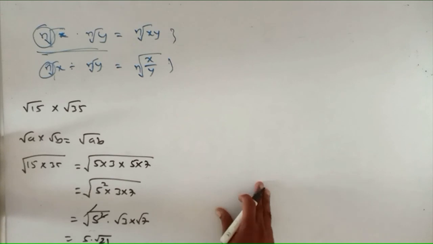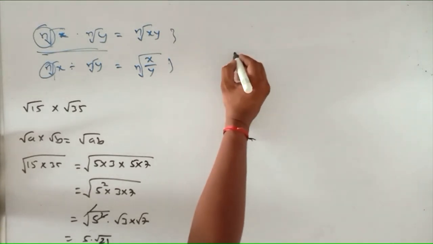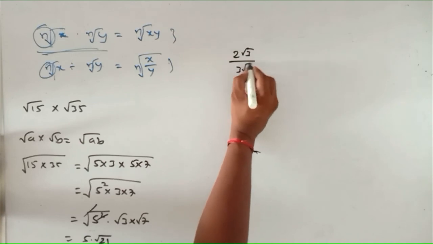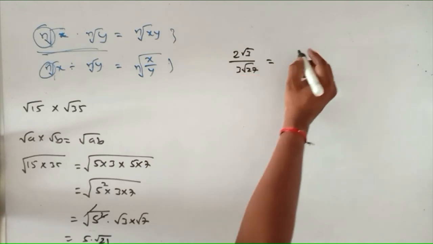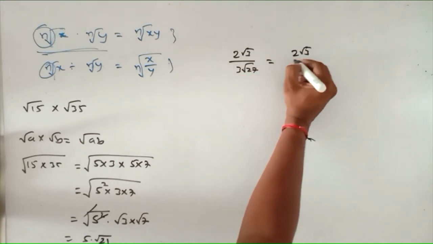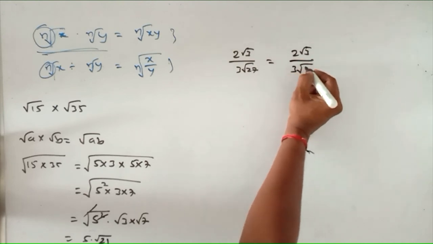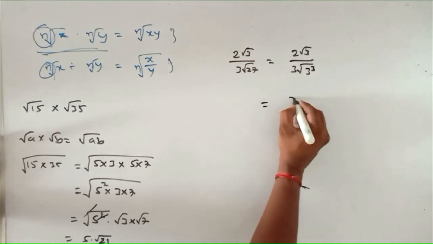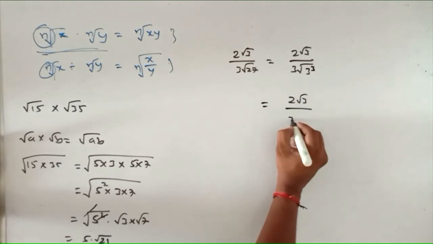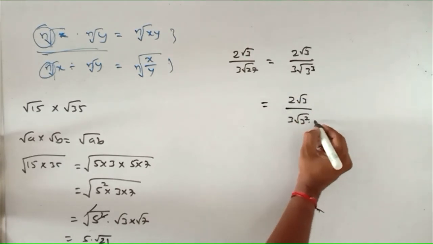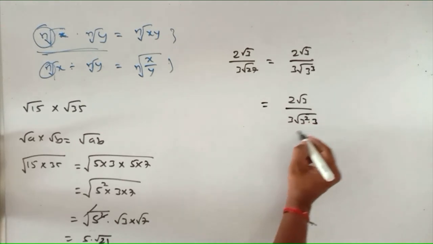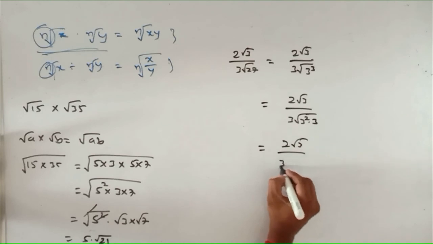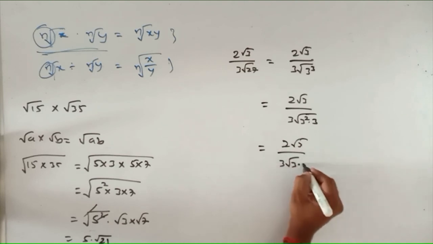So in the same way I am going to divide. The next example I am taking is simplify 2 into root 3 by 3 into root 27. That's equal to 2 into root 3 by 3 into root 27, and 27 value is 3 cube. That's equal to 2 into root 3 by 3 into root of 3 square into 3. That's equal to 2 root 3 by 3 into root 3 square into root 3.